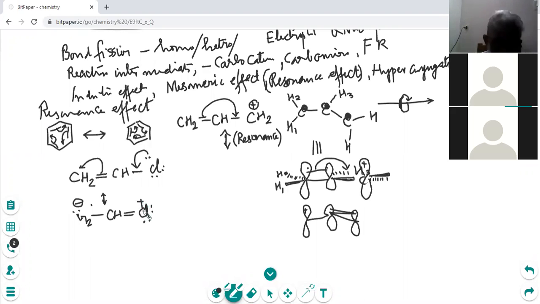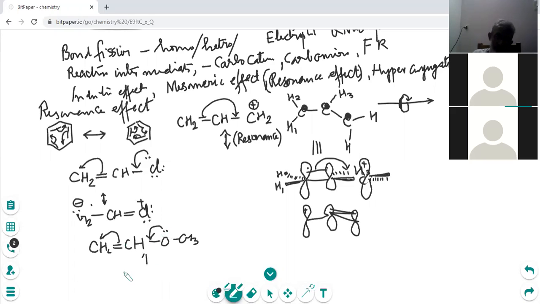Right? Now here is another one. Very similar. CH2 double bond CH, single bond OCH3. Now this can shift here. That time what happens? This lone pair shifts here. So that will give you a resonance structure.